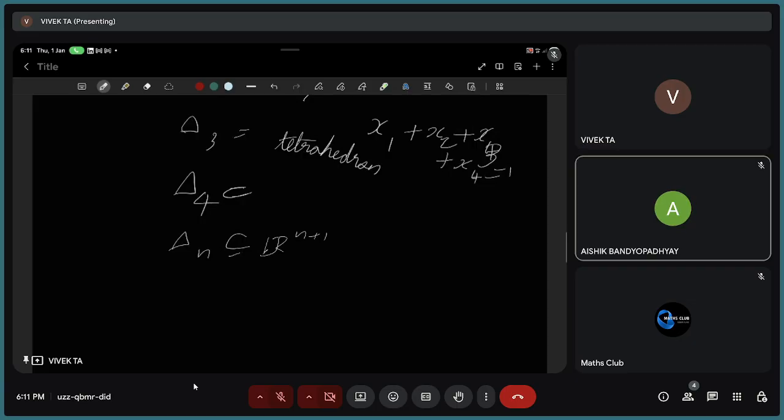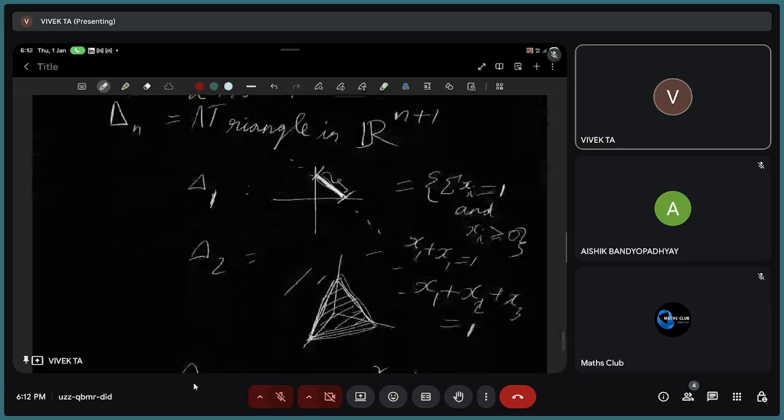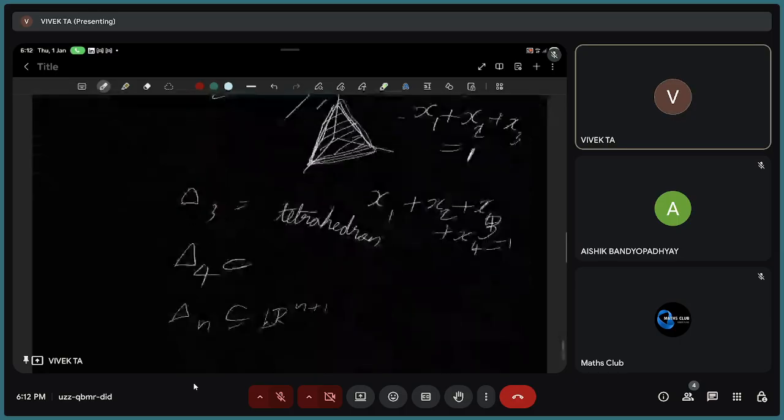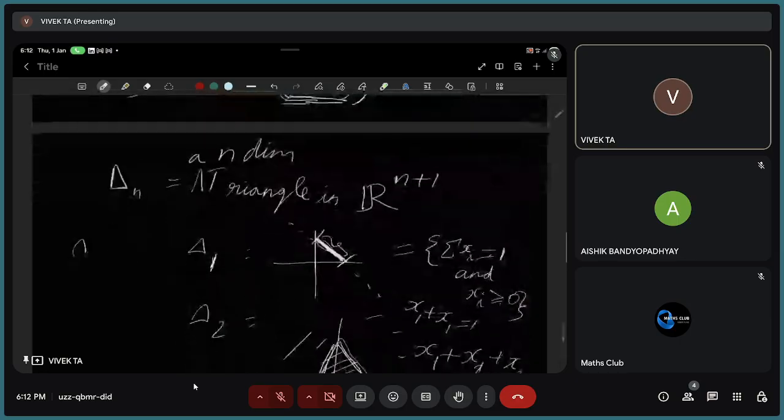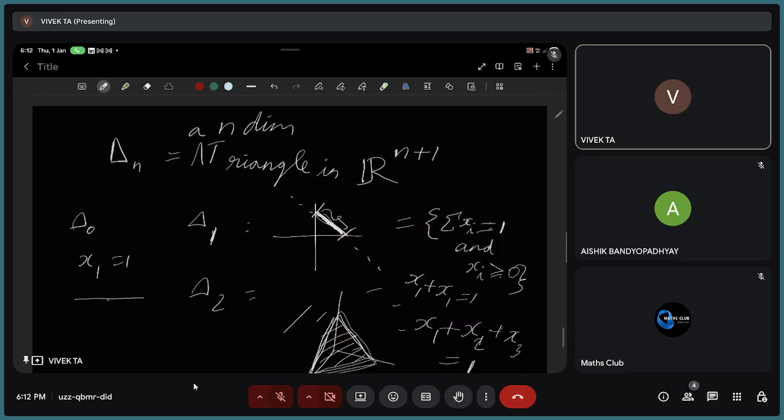Now, of course, there is a natural way to define the boundary of delta n as well, right? So delta 0 is just a point, by the way. Delta 0 is essentially x1 is equal to 1, so it's just the point 1 on the real line.